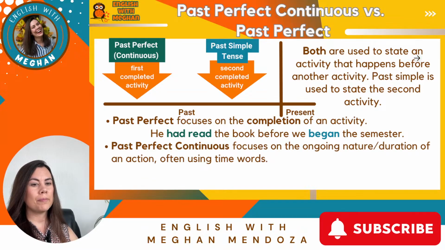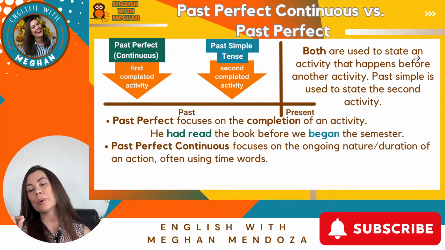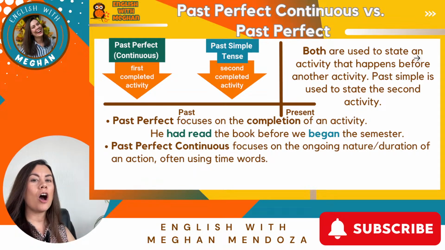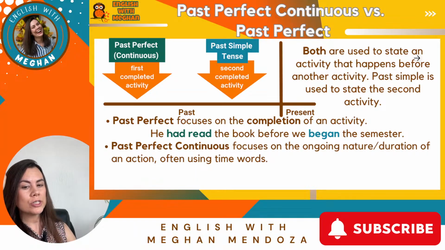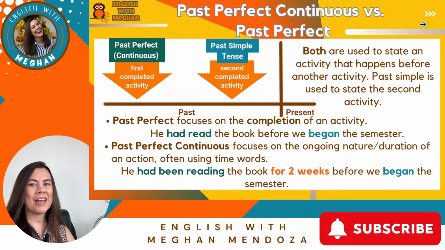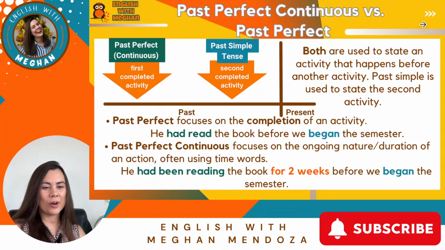Past perfect continuous focuses on the ongoing nature or the duration of an action, often using time words. Yes, time words are our best friends. So this is the same thing, more or less. He had been reading the book for 2 weeks before we began the semester.